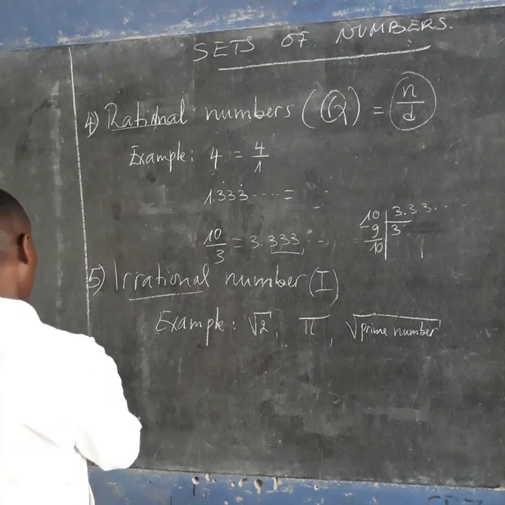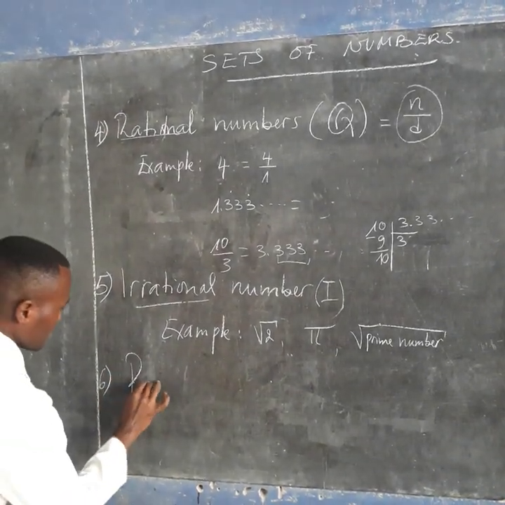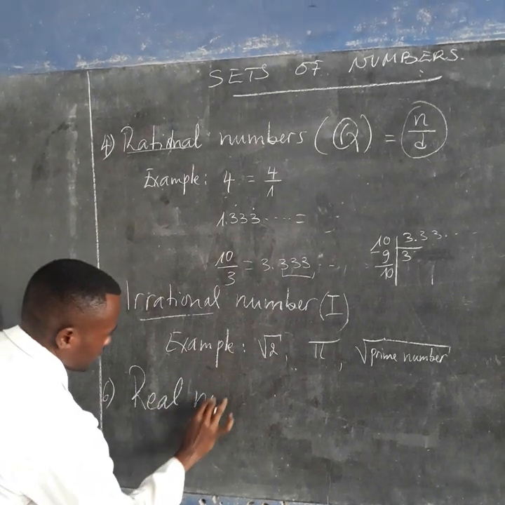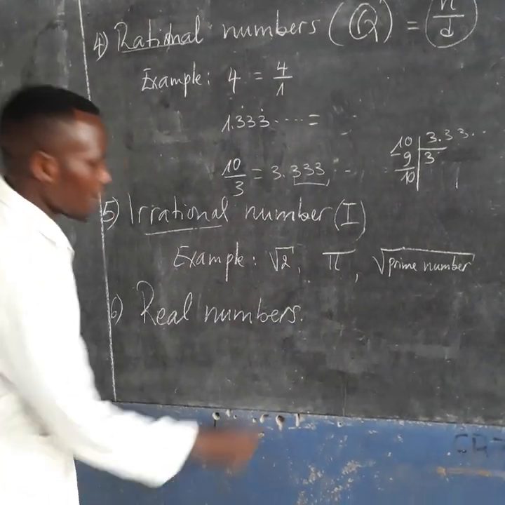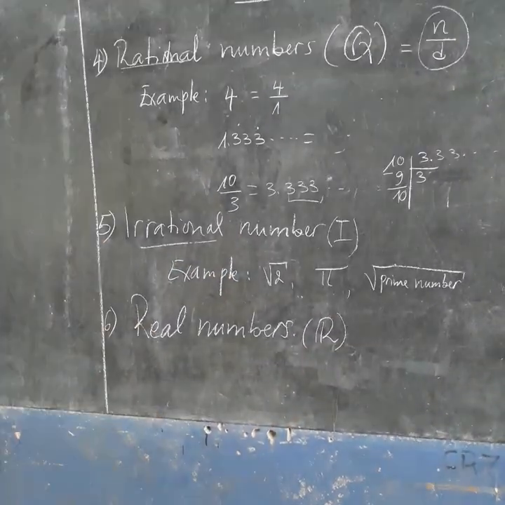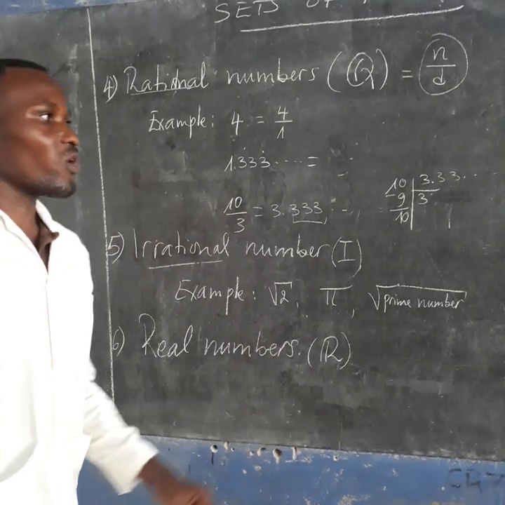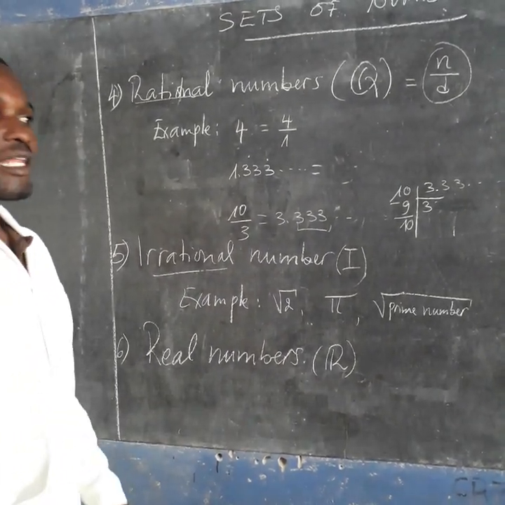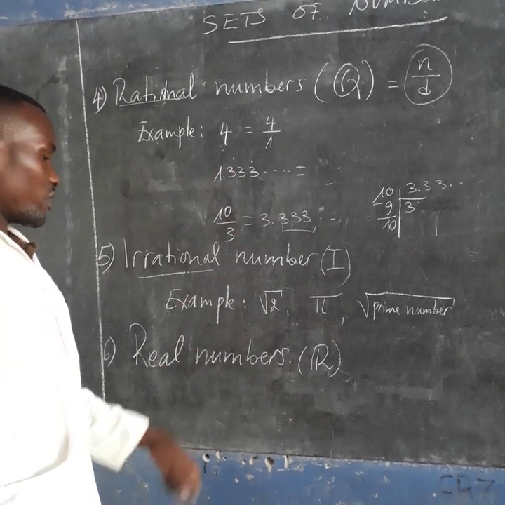Number 6, which will be the last, is the set of real numbers. Its abbreviation is R. Any number that can be seen on a number line, any number that can be presented on a number line, is a real number.